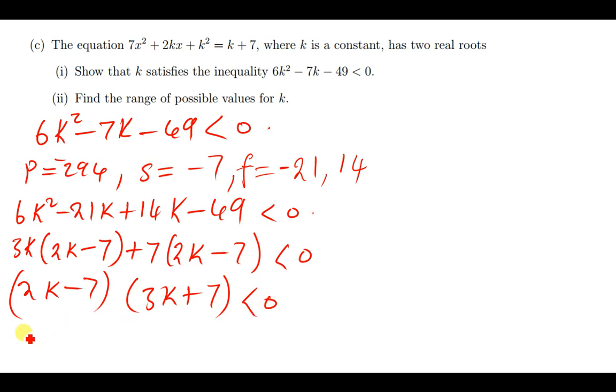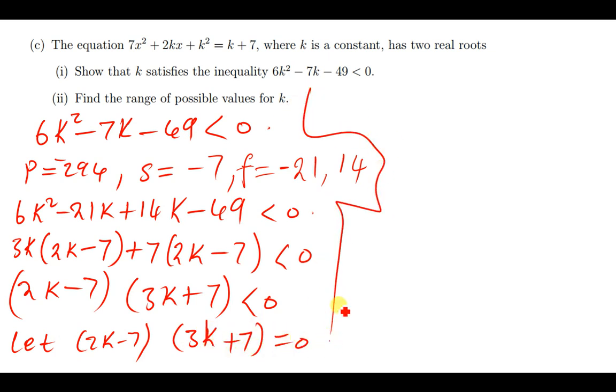To find the critical points, we let 2k minus 7 and 3k plus 7 be equal to 0. So we have 2k minus 7 is equal to 0 and 3k plus 7 is equal to 0. From there we'll find the values of k.